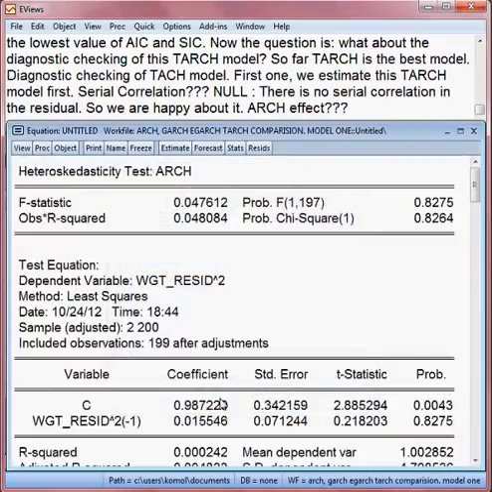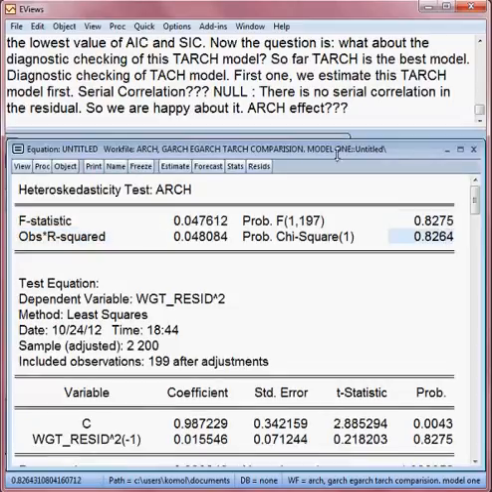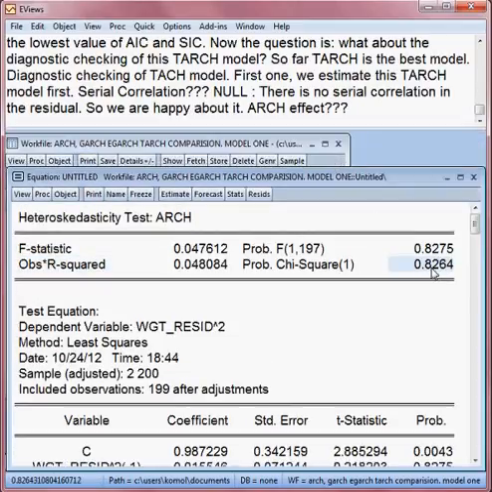The ARCH test result shows observed R square and the p-value, 82.64%.